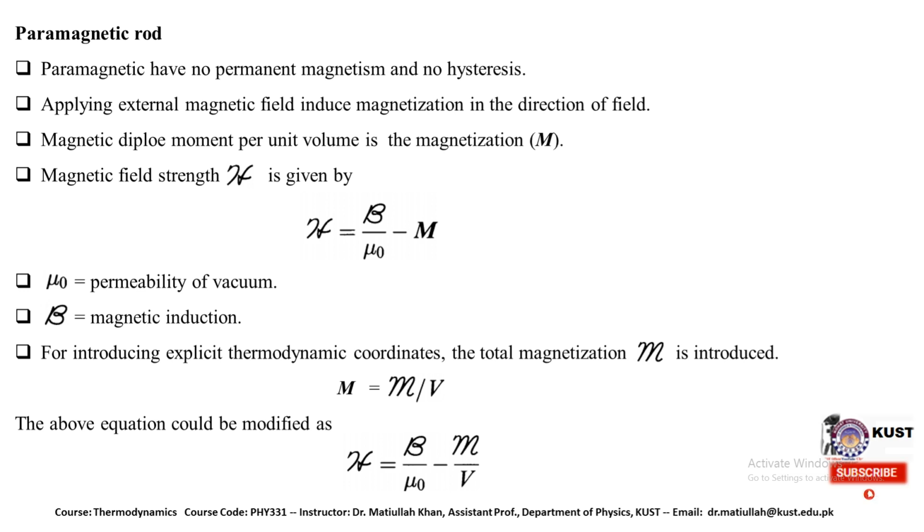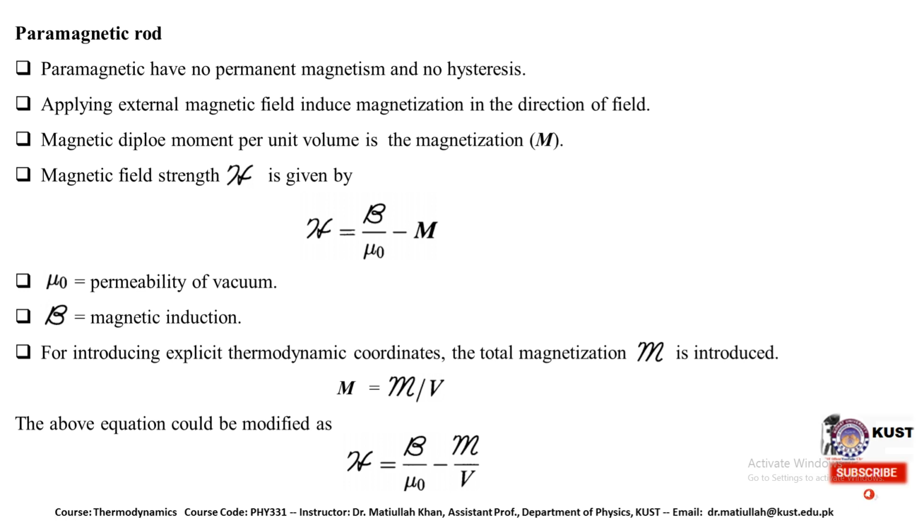This phenomenon is for ferromagnetic material, but unlike ferromagnetic material, we have other material called paramagnetic material. Paramagnetic material has no permanent magnetism and does not show a hysteresis loop like ferromagnetic material.